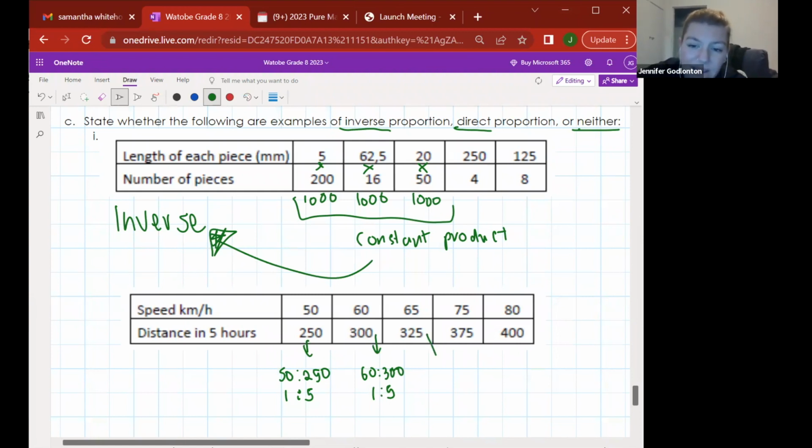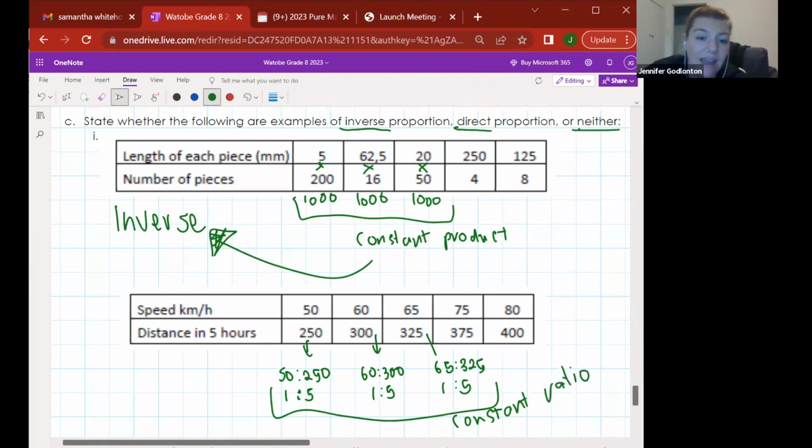If I have 65 to 325, I can simplify that down to 1 to 5. They have a constant ratio. So my ratio is the same each time, and that means that it is direct.